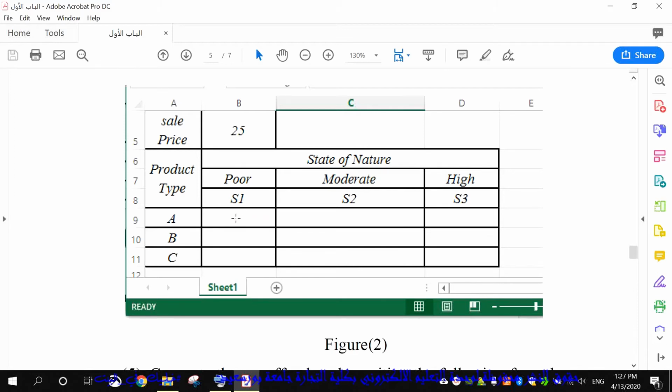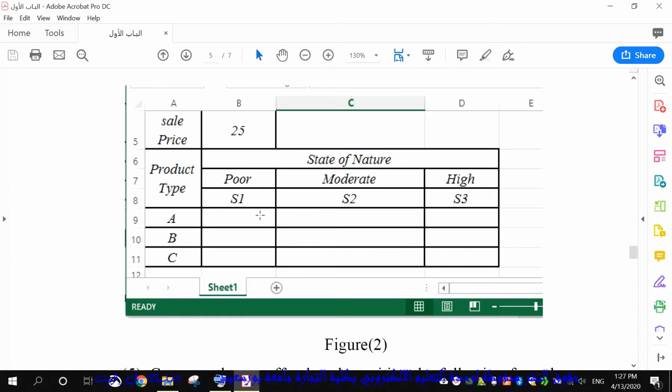To calculate the value or the profit in B9 in case of product A and the state of nature poor, we have to calculate the revenue minus the cost to get the profit.